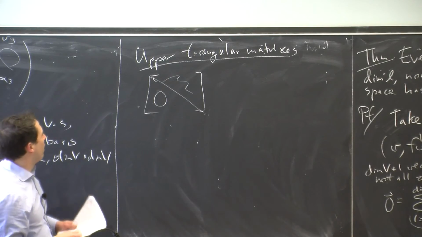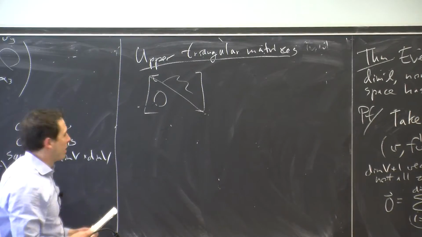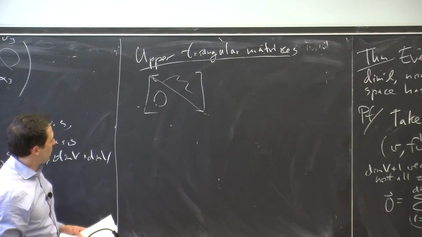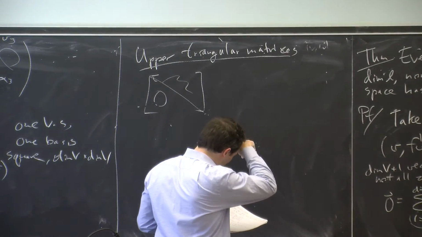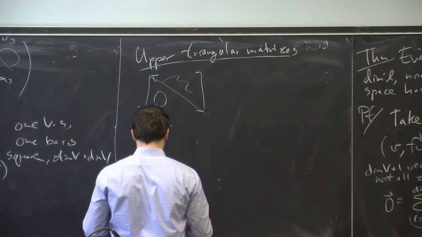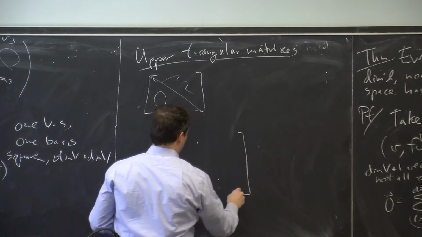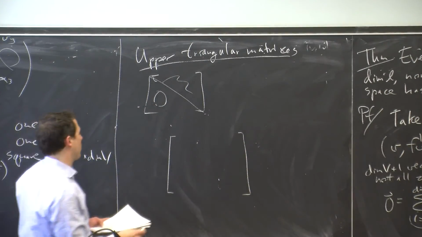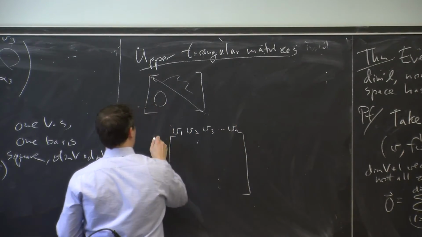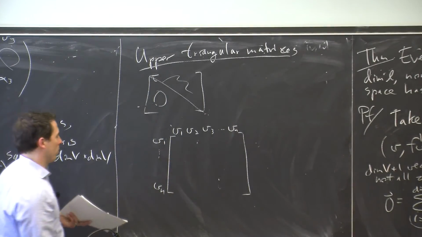That's easy to say. But I'd like to say it in a way that talks about the basis itself and not about the way that I've written it on the board. So first we should think about what exactly an upper triangular matrix is. One thing we can do is look at one column or one row.